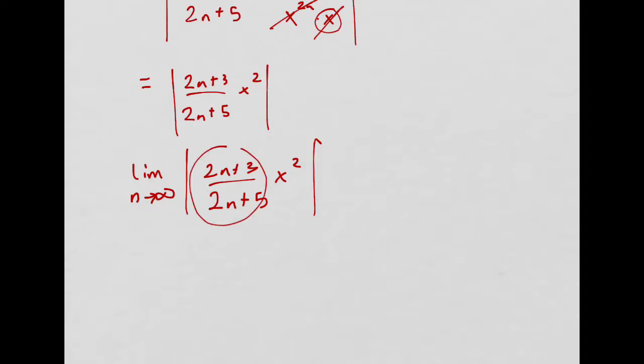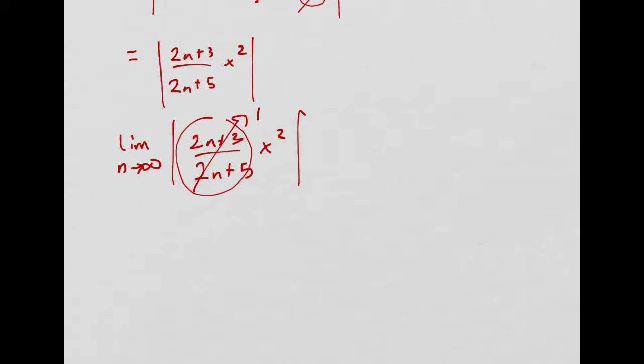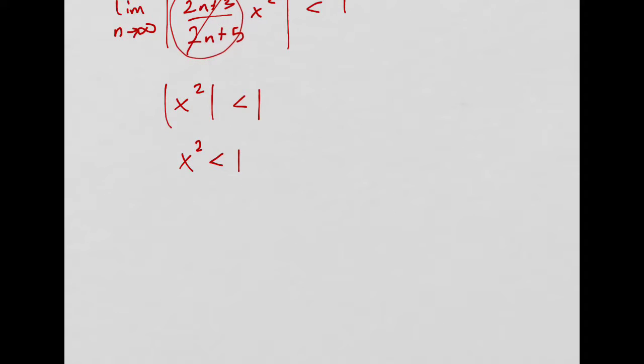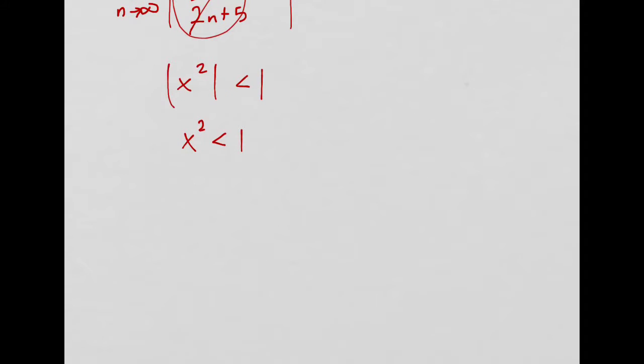And this fraction right here goes to 2 over 2, which is 1. So really, we want to make sure this is less than 1, so we get the absolute value of x squared less than 1. That actually just means x squared less than 1, because if I plug in negatives, the square takes care of it anyway, so I really don't need the absolute value.